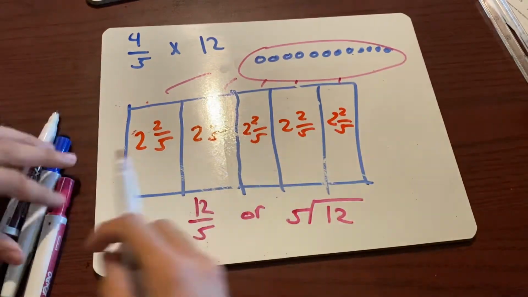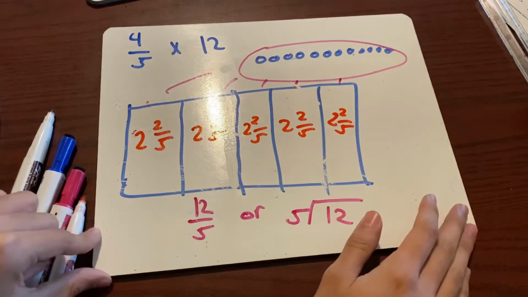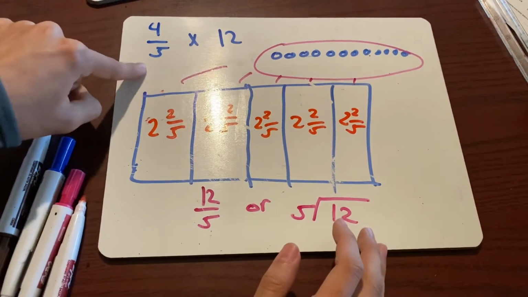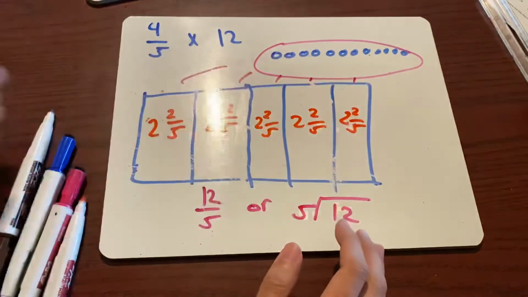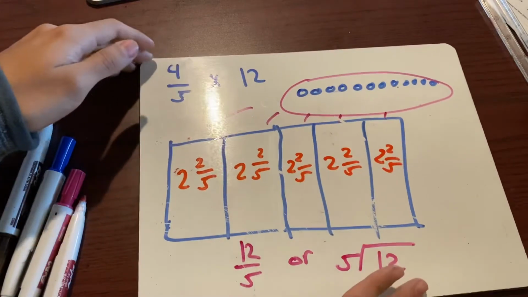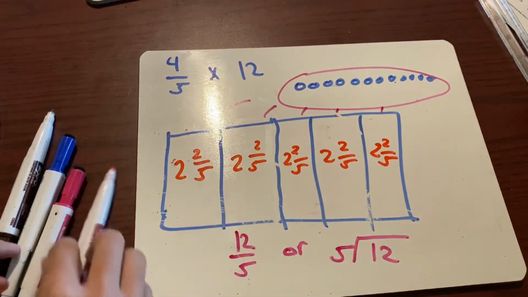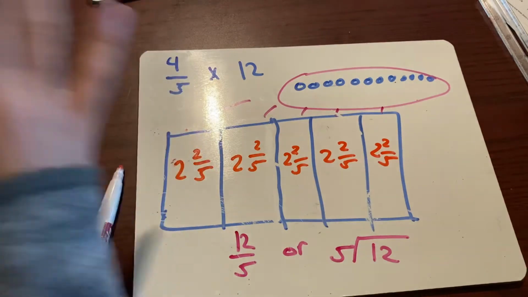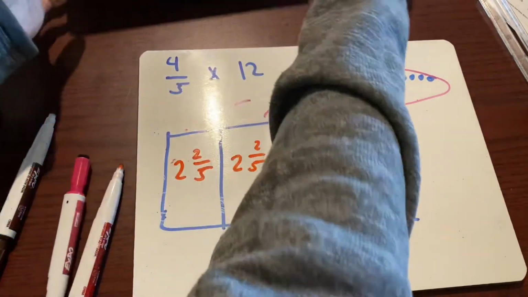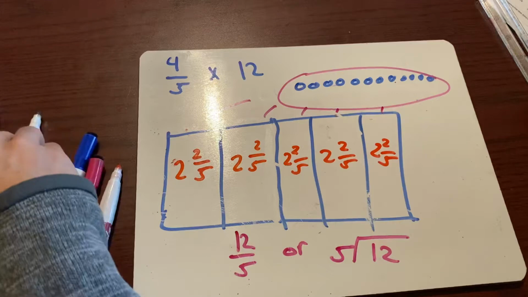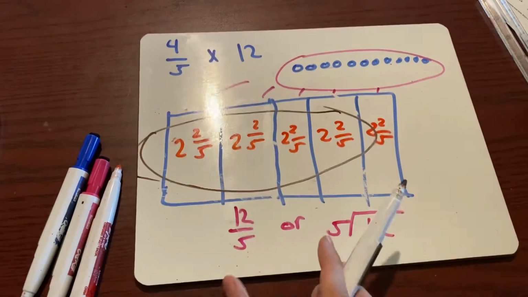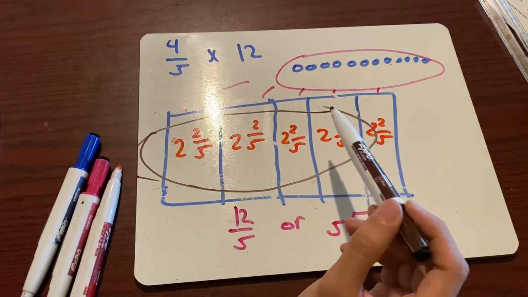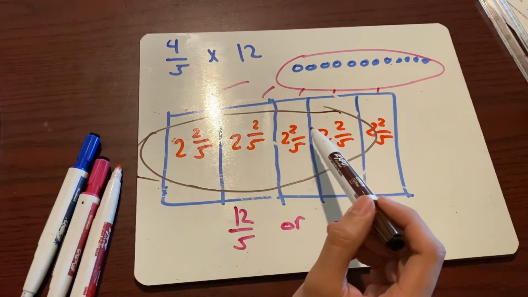Okay. Now you have your problem set up. Now ask yourself, how many is your friend grabbing? Is it grabbing 1 chunk, 2 chunks, 3 chunks out of the 5, 4 chunks out of the 5, or 5 chunks out of the 5? They are grabbing 4. Again, they're grabbing this many, 4.